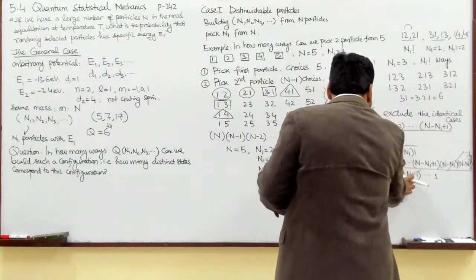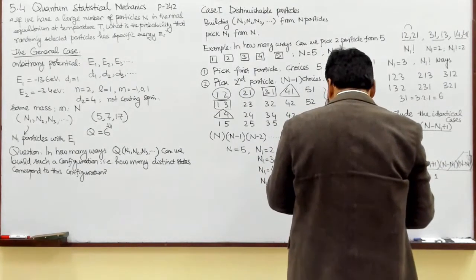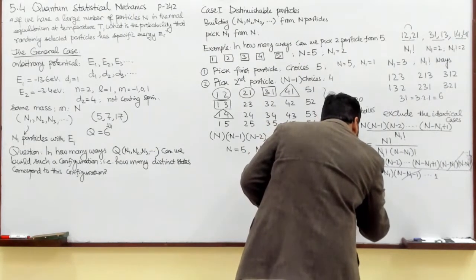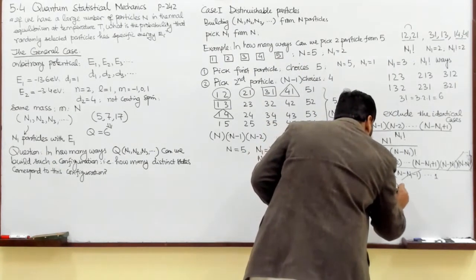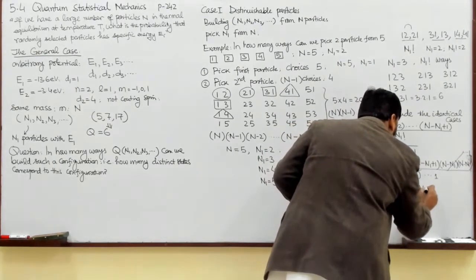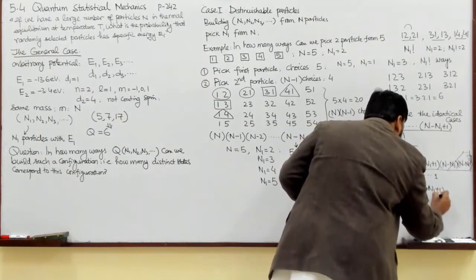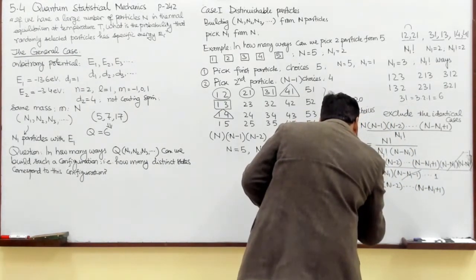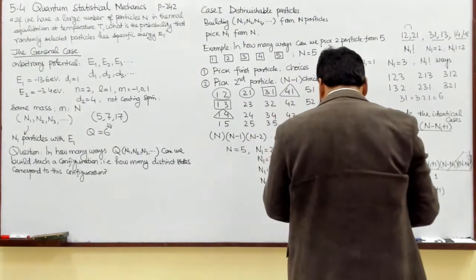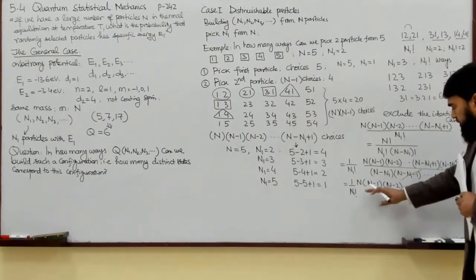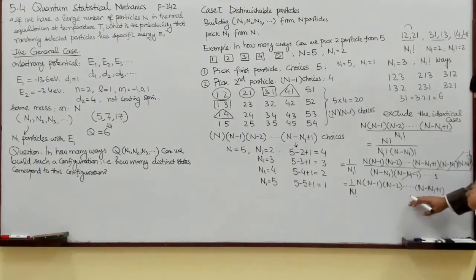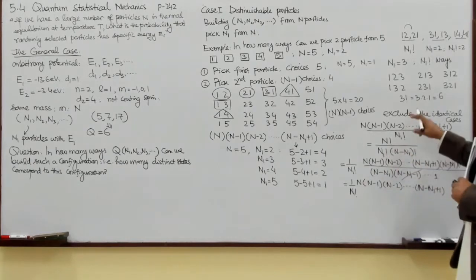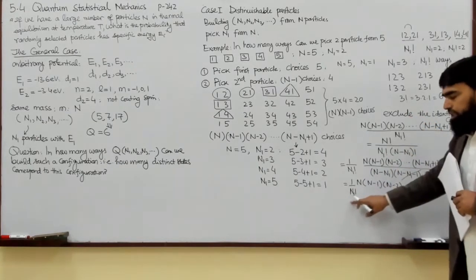So the numerator, this portion will cancel with it, and we will again get n into n minus 1 into n minus 2, going up to n minus n1 plus 1, and this whole is divided by n1 factorial. This is the total number of ways divided by the identical, means excluding the identical pairs.